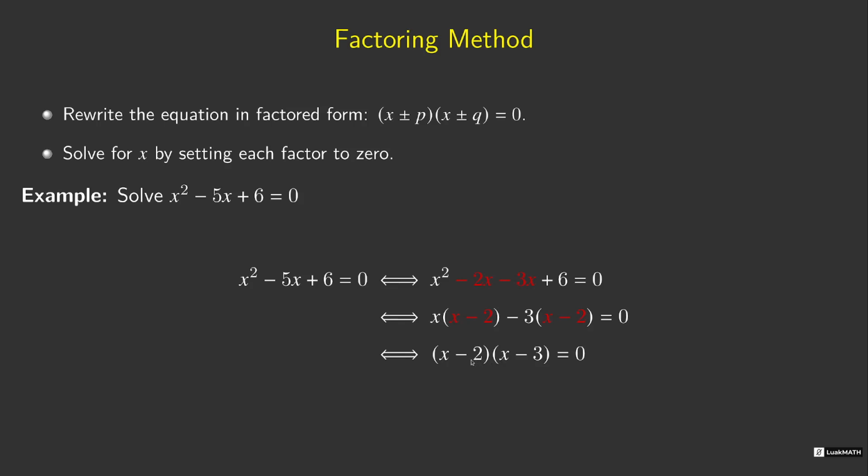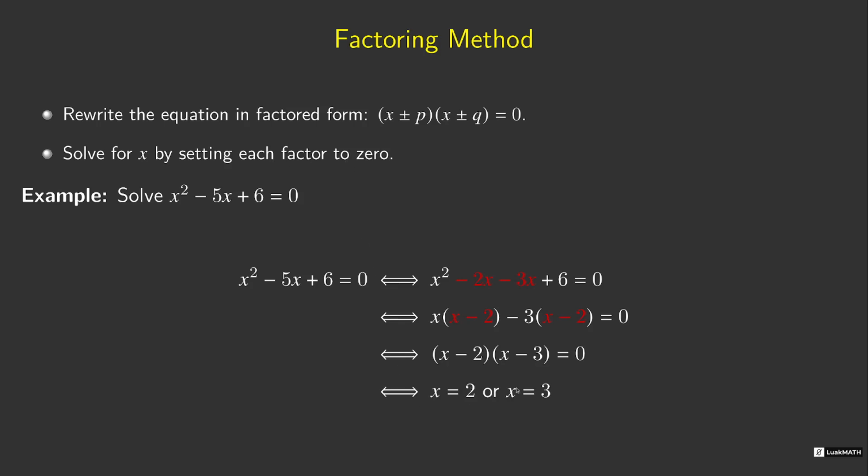And yeah, so we've effectively factored x squared minus 5x plus 6 equals 0 as x minus 2 times x minus 3. And from there, remember I said you can solve for x by setting each factor equal to 0.